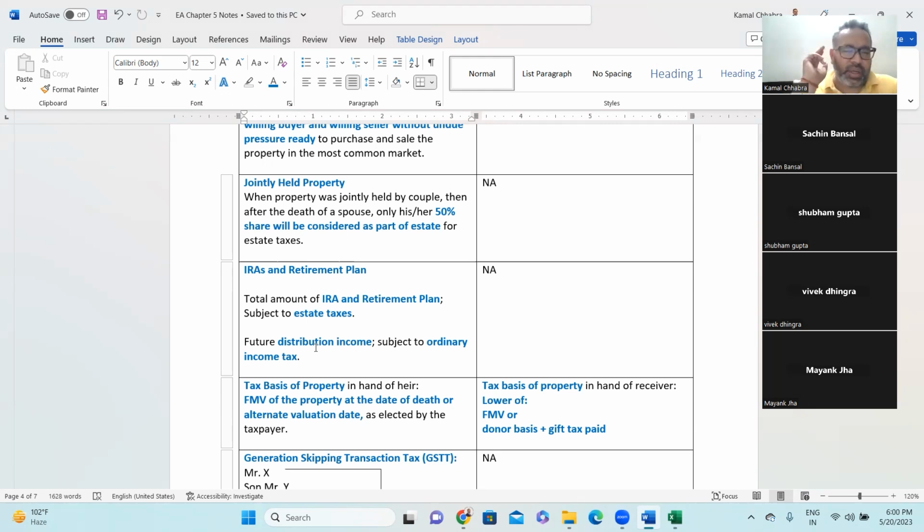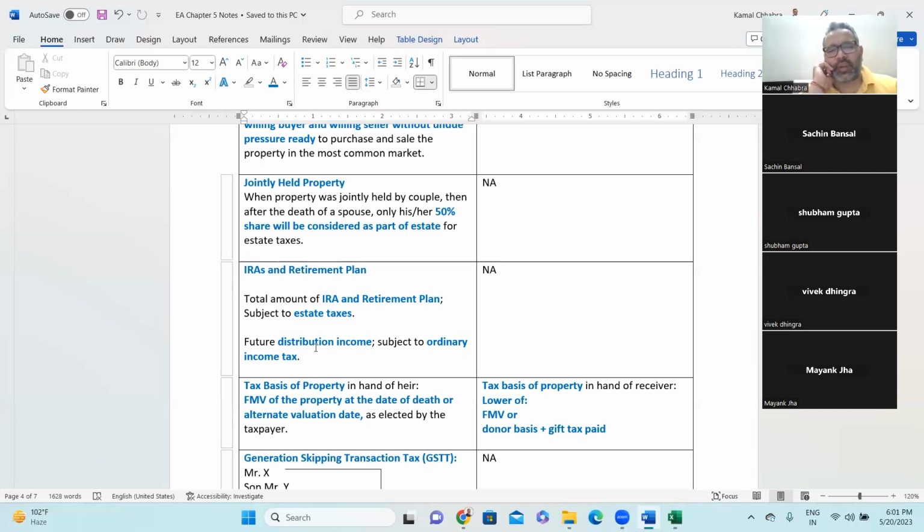If, for example, husband and wife have purchased a house for, let's say, $500,000 together, and the registry is in the name of both. Now let's assume the husband died. In that scenario, would the estate be $500,000 or $250,000? $250,000. Right?